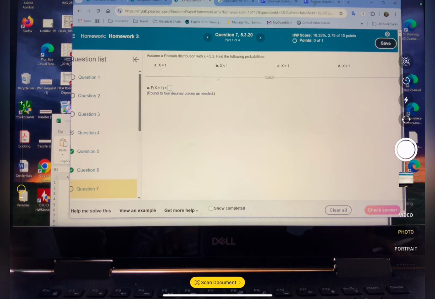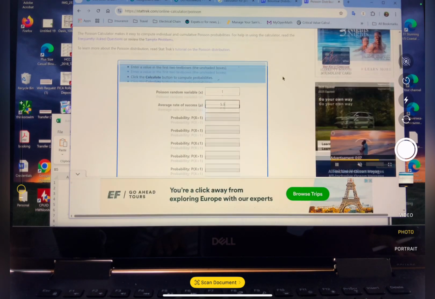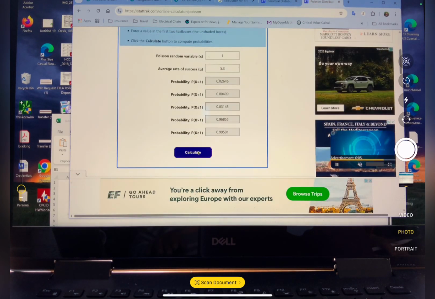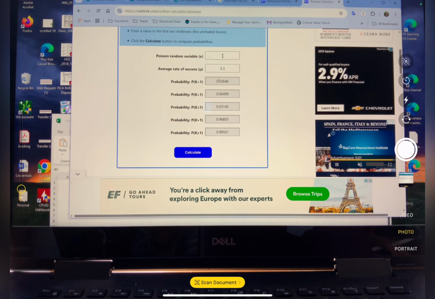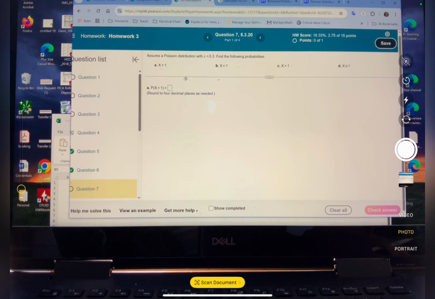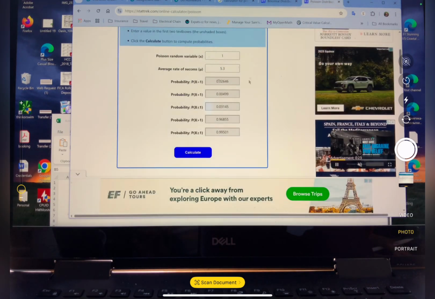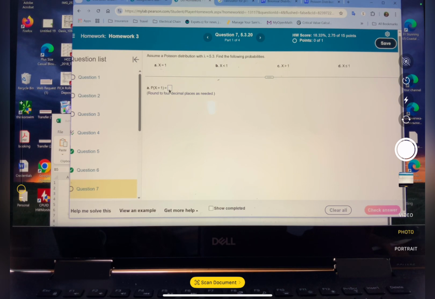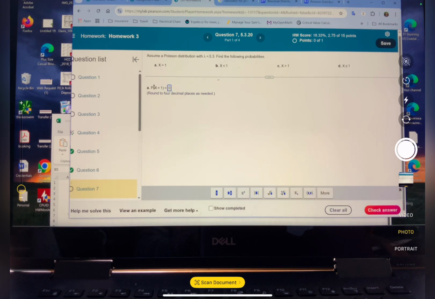How many decimals do we need? 4 decimals. 0.0265.